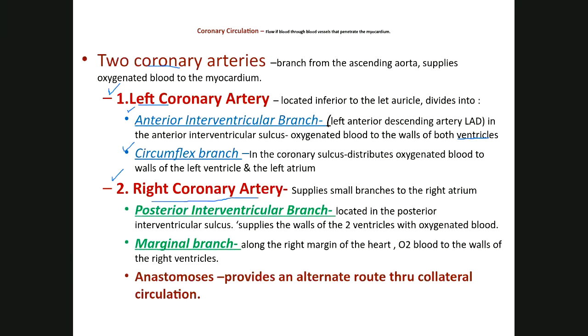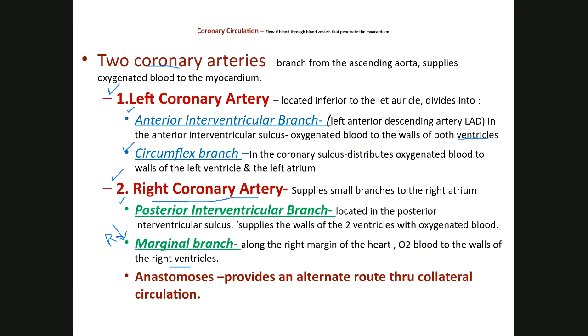It's going to immediately branch off into an artery called the right marginal branch, which is supplying oxygen to the walls of the right ventricle. And then this artery is going to follow through to the posterior part of the heart and go to that posterior interventricular sulcus, and we call that artery the posterior interventricular branch. I'll show you images of what this looks like.